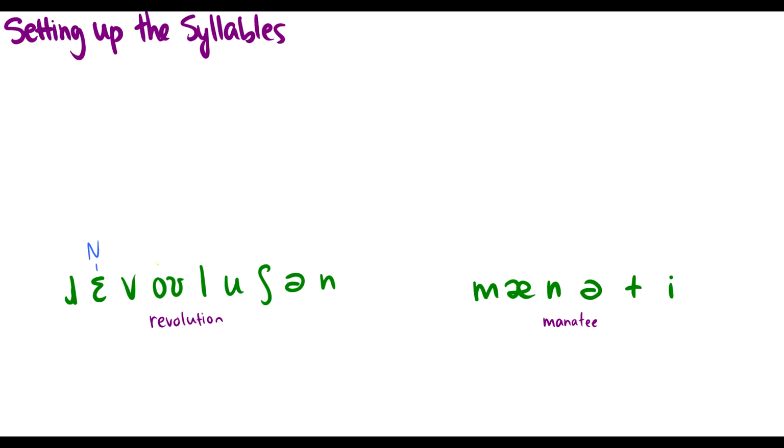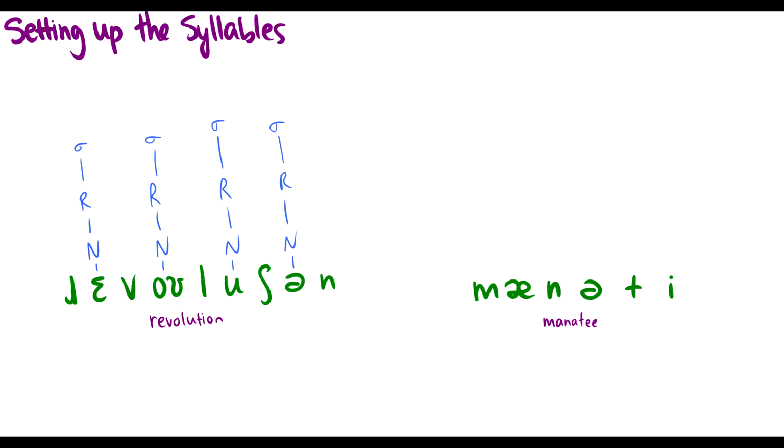So for instance, in revolution, the e, the o, the u, and the e, put nucleuses above them. And straight up, go to the rhyme. So we build them up to the rhyme. And then we're going to build them up to their own syllables as well. So we're going to build them all the way up from the nucleus.